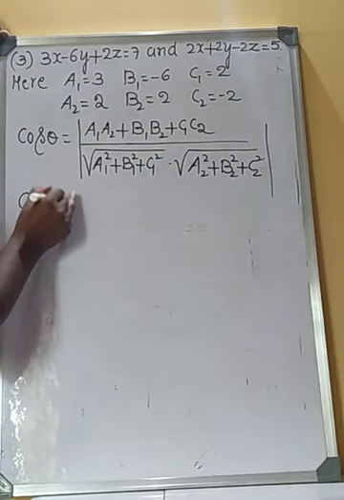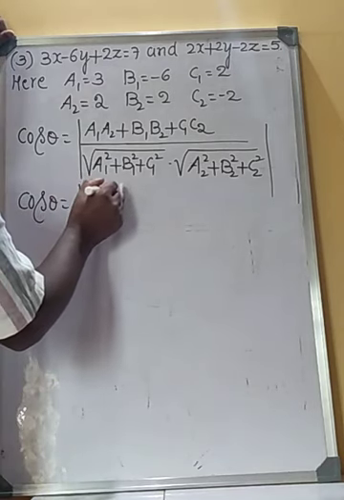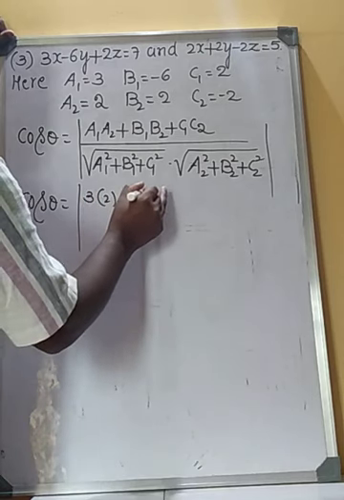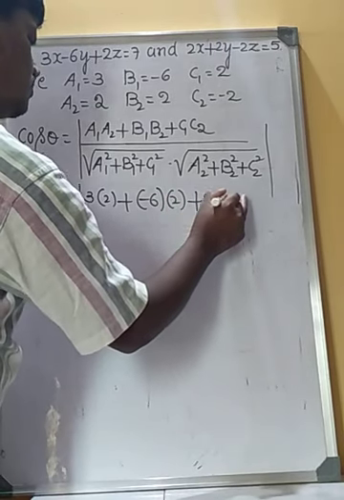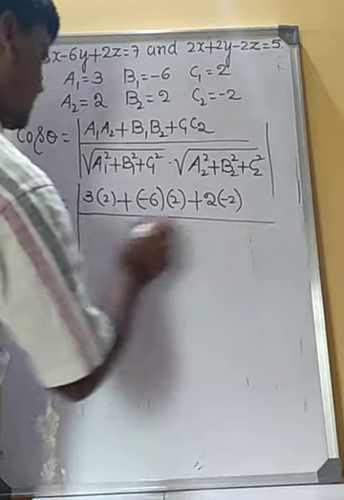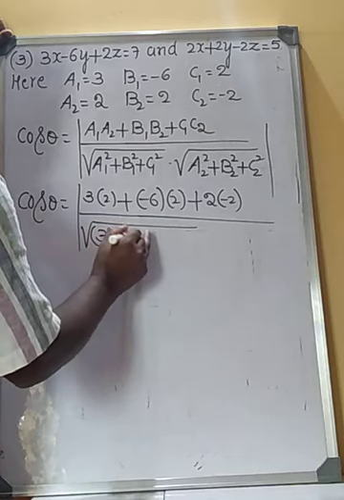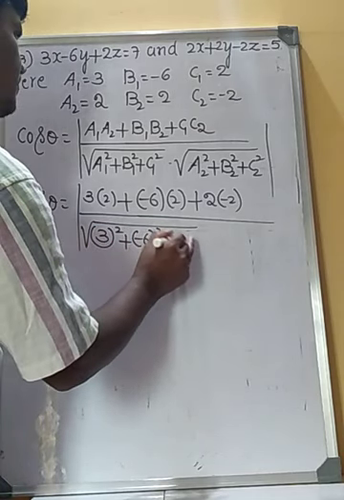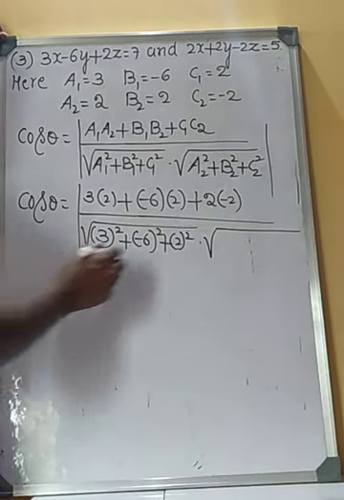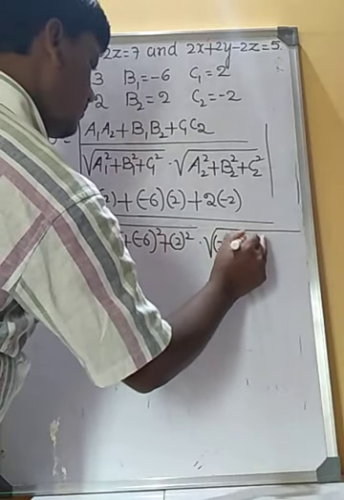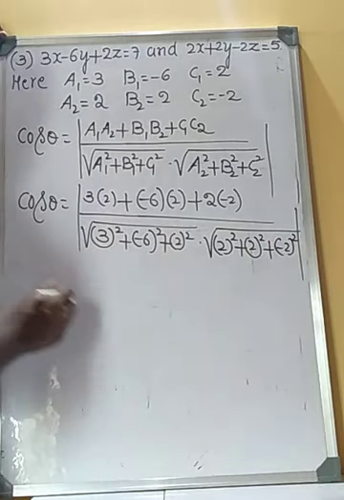Therefore, cos theta is equal to magnitude of 3 into 2 plus minus 6 into 2 plus 2 into minus 2 dividing by the root of 3 square plus minus 6 square plus 2 square into root of 2 square plus 2 square plus minus 2 square.